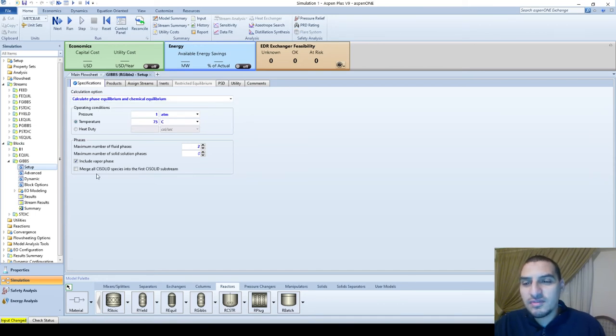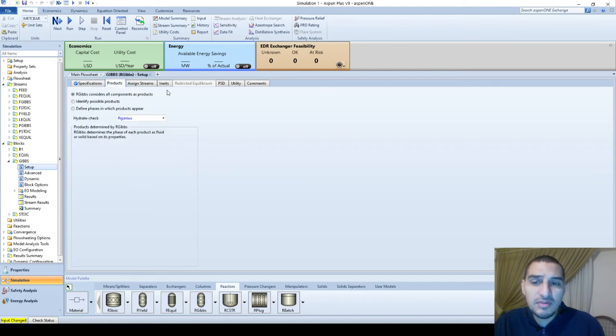So now you have the phase equilibrium and chemical equilibrium. I'm not defining any reactions now, but you can give it some hints about the outputs that you need to get out of the reactor. You can say that the reactor will consider all the components as products.